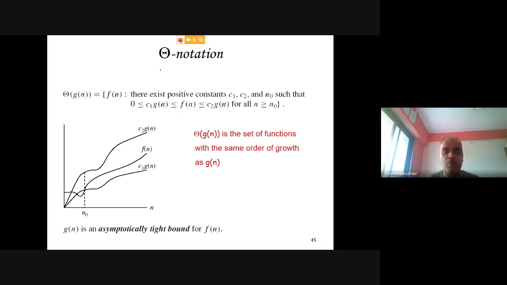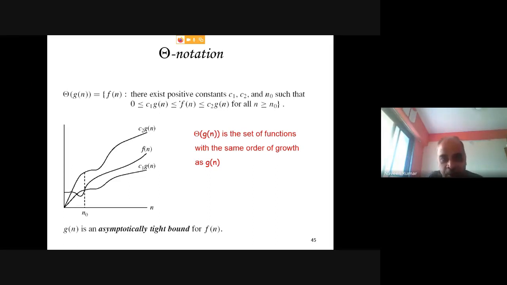When we say tight bound, it includes a tight lower bound and a tight upper bound. So indirectly you are saying that theta notation gives both a tight lower bound as well as a tight upper bound. It bounds the actual time function fn from both sides, tightly.